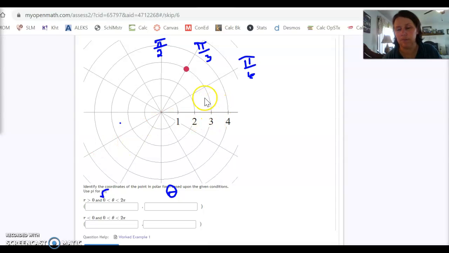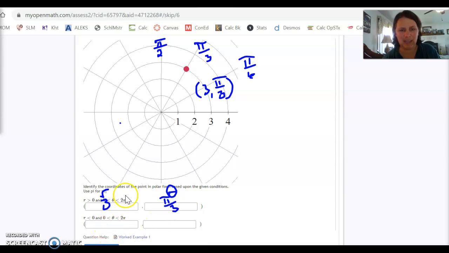You can also compare it to your unit circle and try to figure it out that way too. But they did not have a 45-degree line on there on this one. All right, so this tells me that this point right here with a positive r is going to be 1, 2, 3. So 3 pi over 3. So that's what I'd put in for my first answer.